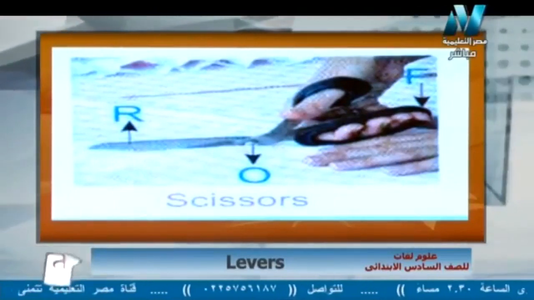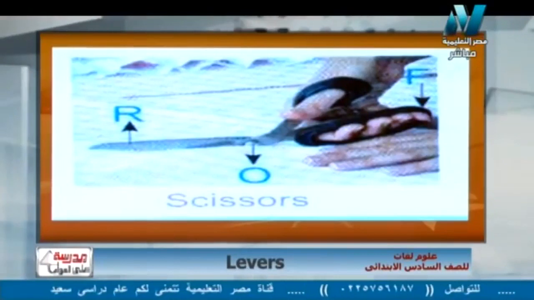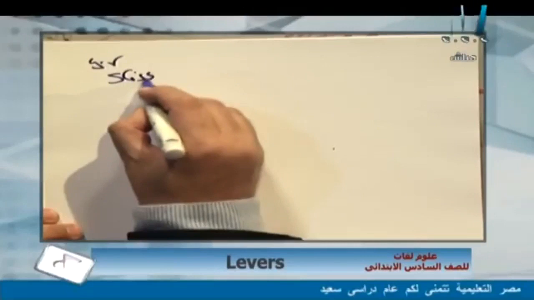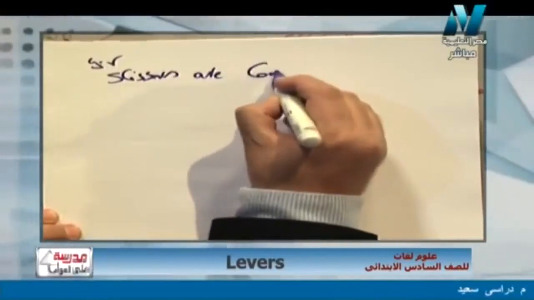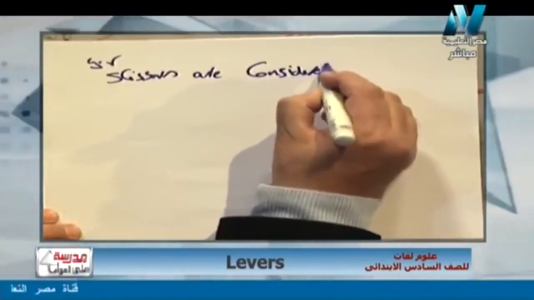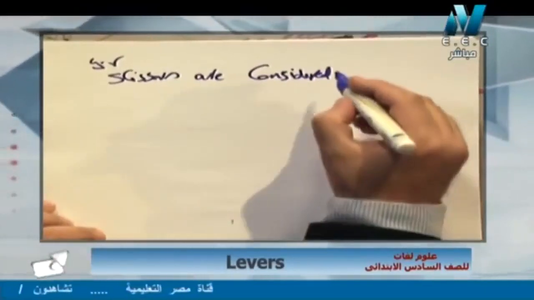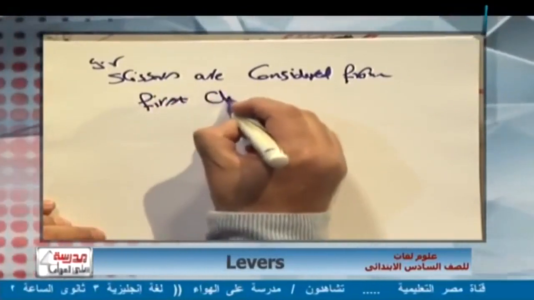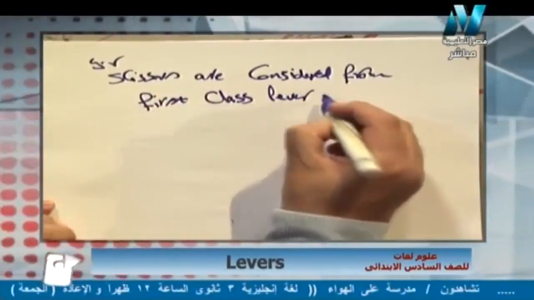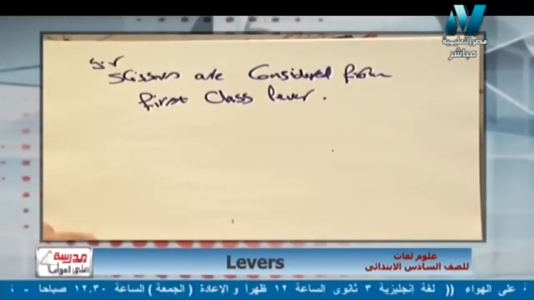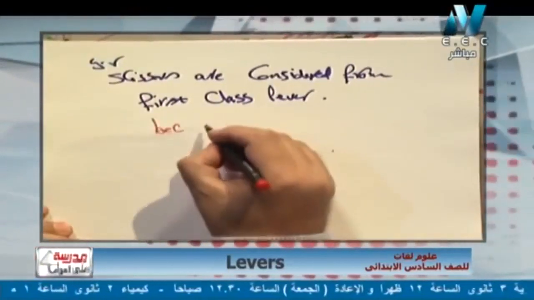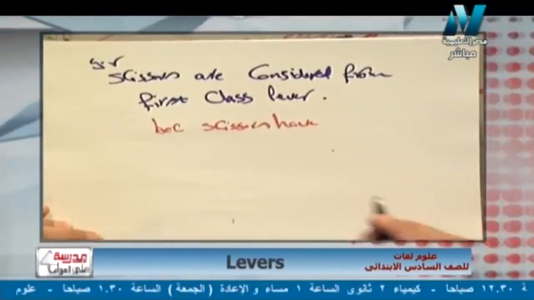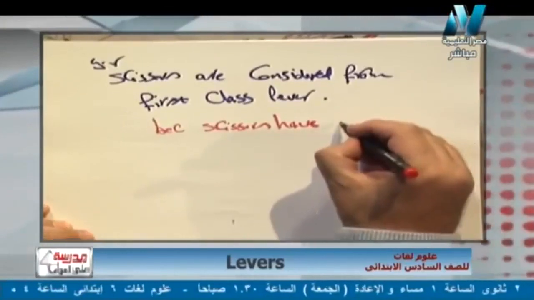Why, or give reason? So now let me write this give reason, which is very important, for the scissors. Scissors are considered, and here I say scissors are because it's plural, a first class lever. So the answer will be simply: because scissors have, not scissors has, fulcrum.